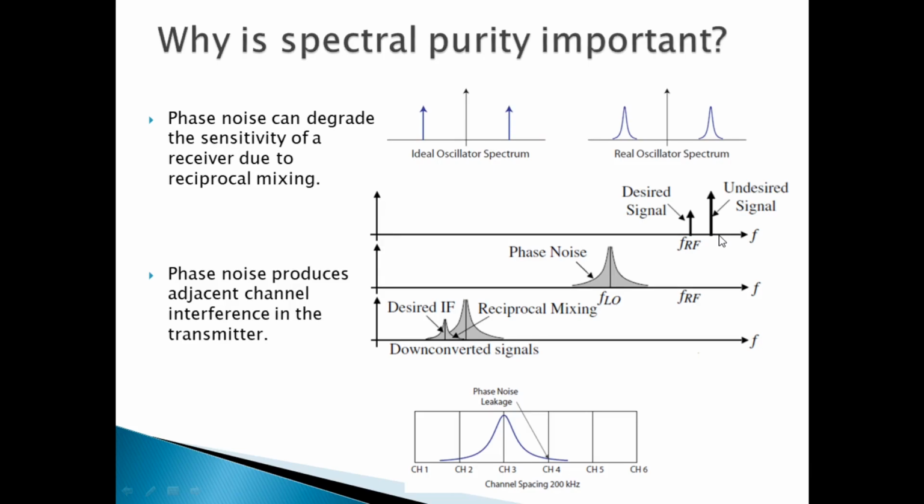out the undesired signal, leaving behind the desired IF, yet there could be problems when you have a receiver working in various channels. Now you notice that the desired IF may fall into one of the channels, whereas the undesired IF, which is not what we want, could fall into the adjacent channel, causing problems.